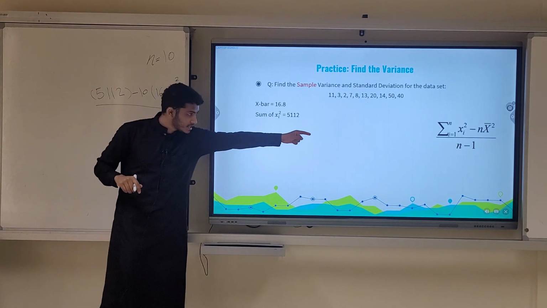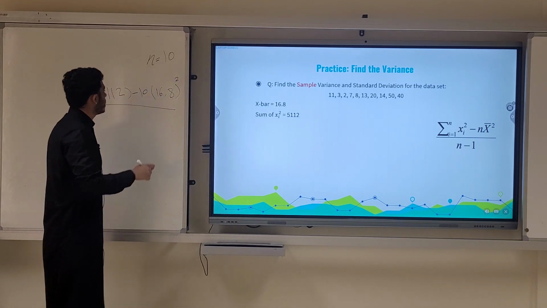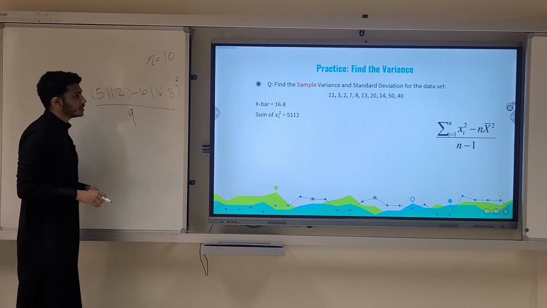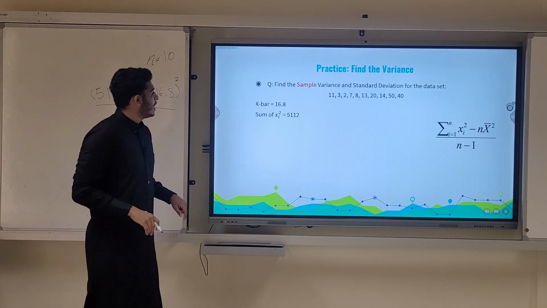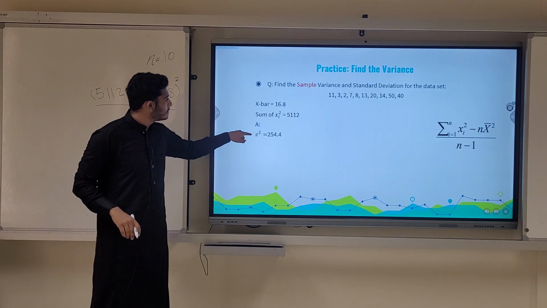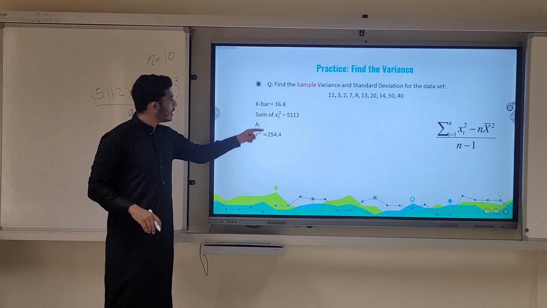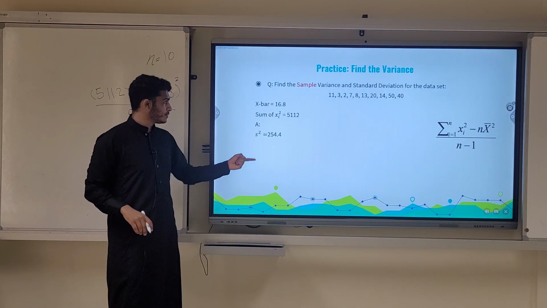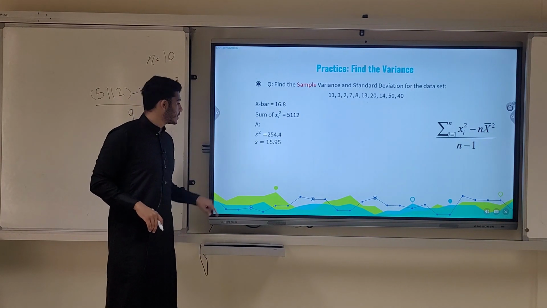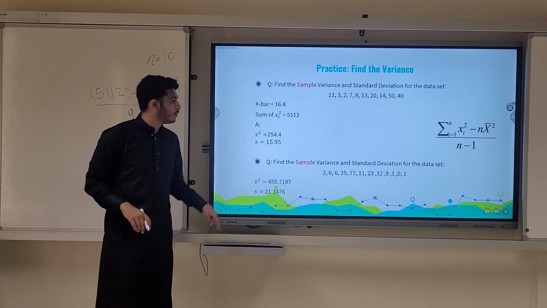If we had a population, this term would have been n, but it's a sample, so it's n minus 1, which equals 9. If we solve and complete the calculation, we're going to get that the variance equals this value, and if we take the square root of it, to find the standard deviation, we're going to have this value here. And this is a problem for practice, and these are the answers for it if you'd like.